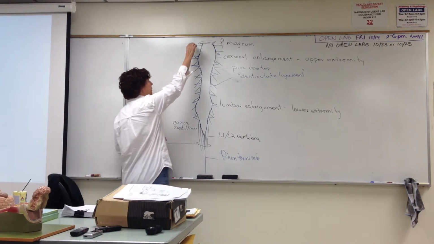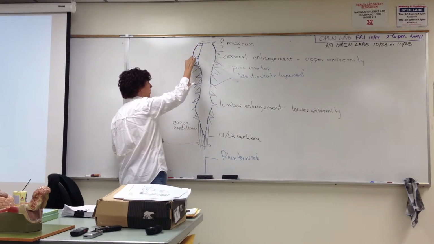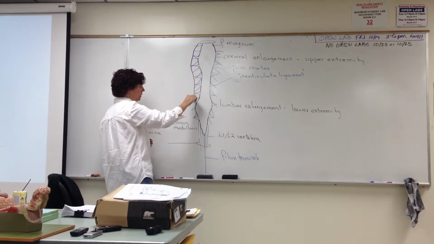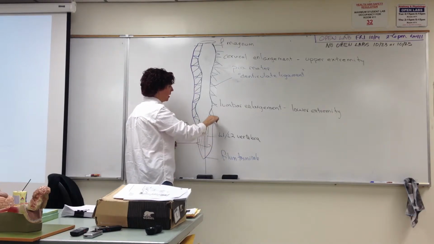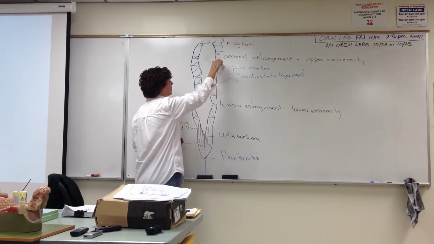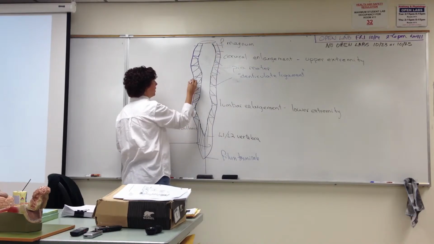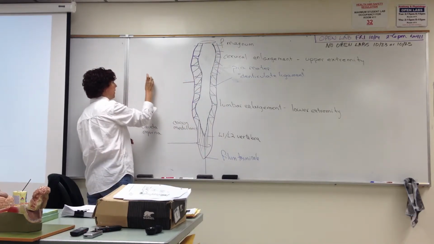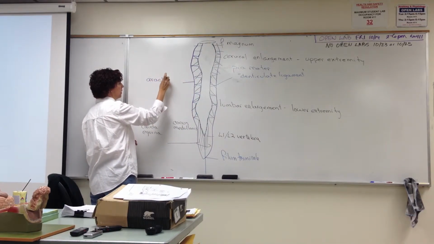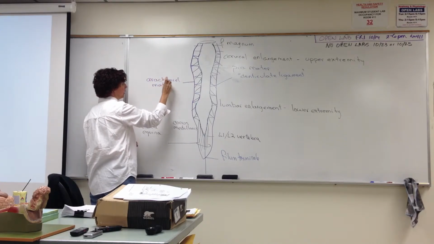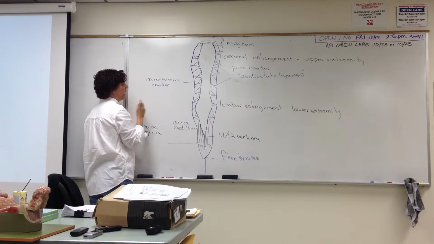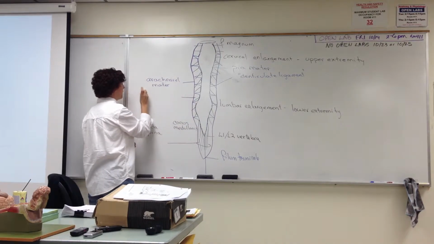And that's the subarachnoid space because it's found between the arachnoid mater and the pia mater. So this is arachnoid mater. And this would be the subarachnoid space.